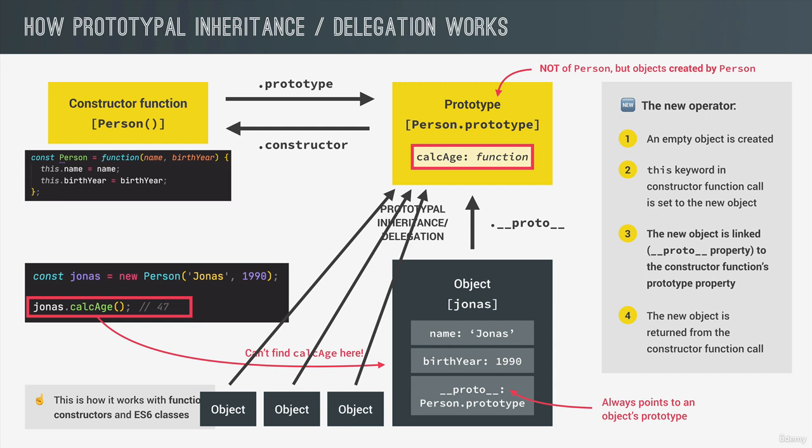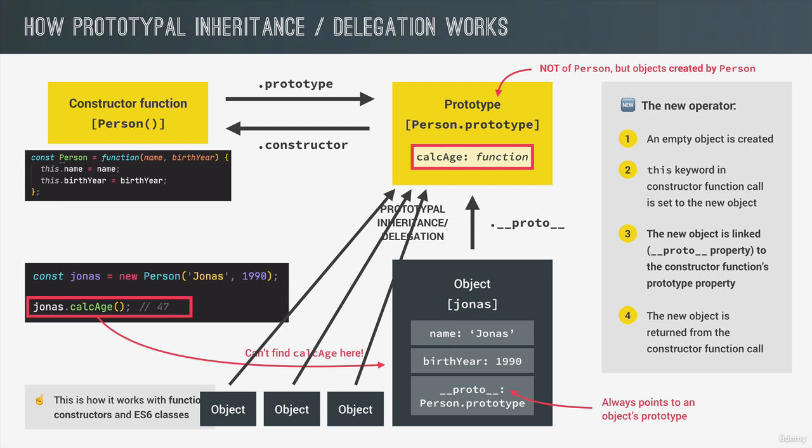Just imagine that we had 1,000 objects in the code, and if all of them would have to carry the calc_h function around, then that would certainly impact performance. So instead, they can all simply use the calc_h function from their common prototype. Okay? So that makes sense, right?